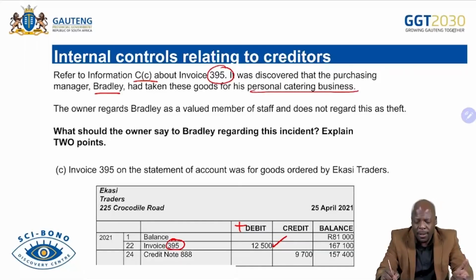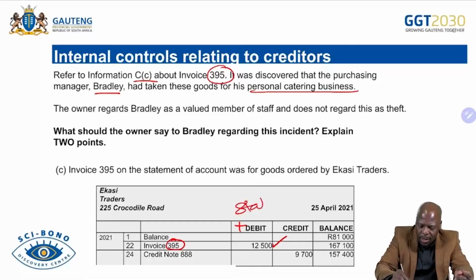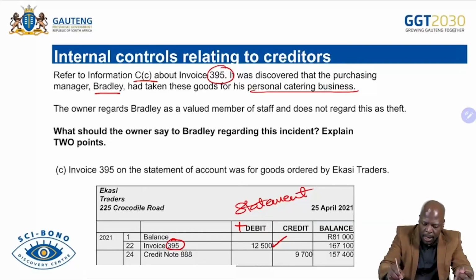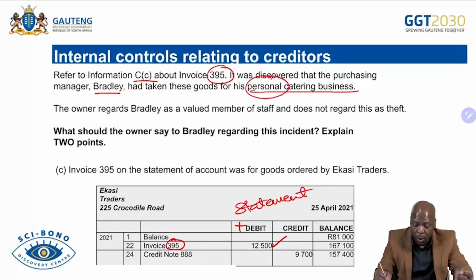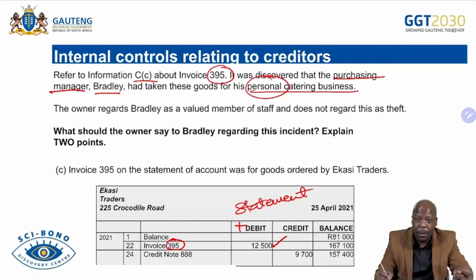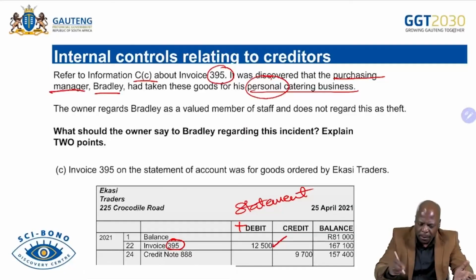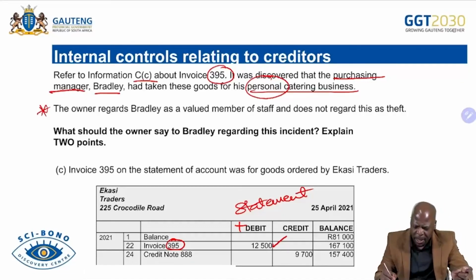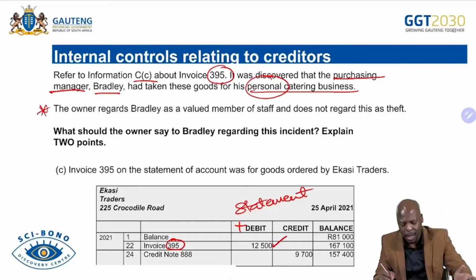So the question then is, why are these goods appearing on our statement, since these goods are taken for his personal catering business? And who is this Bradley? He is the purchasing manager. Okay. The owner regards Bradley as a valued member of the staff. All right. So Bradley is highly regarded in the company and does not regard this as theft.